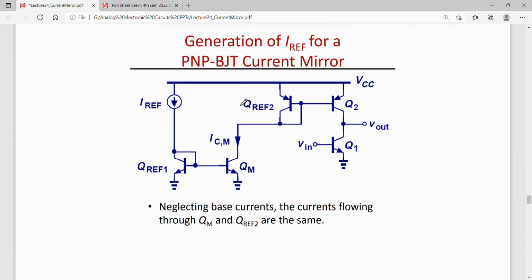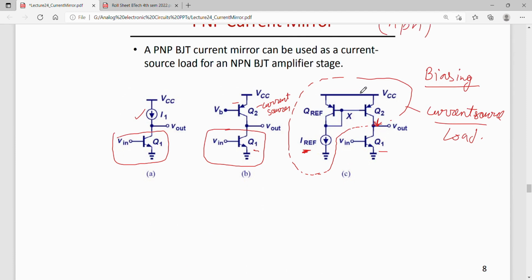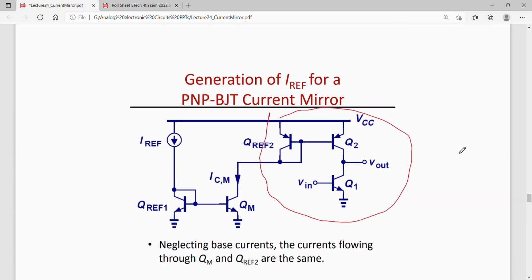Now for a PNP current mirror, that is this PNP current mirror that we had utilized in the previous case here, right? So for this PNP cascode, this IREF can again be generated via NPN cascode, which has been shown over here.